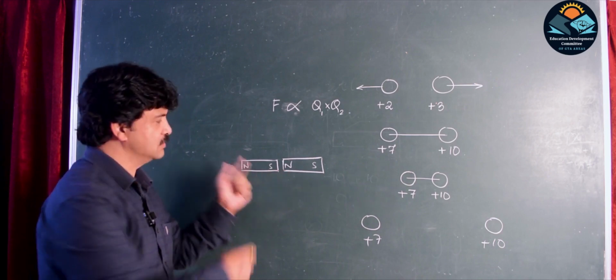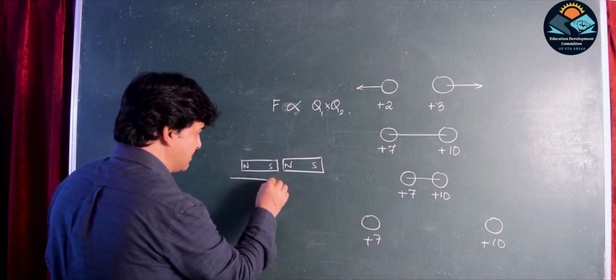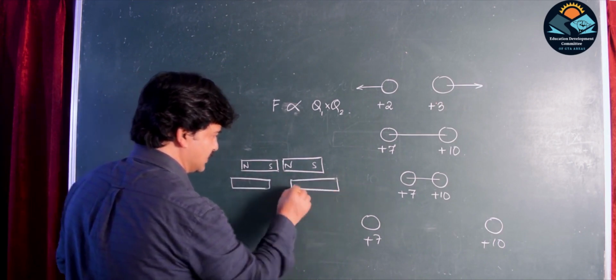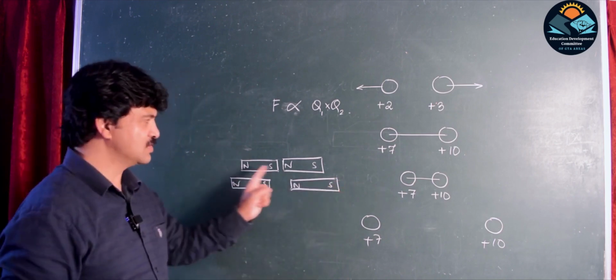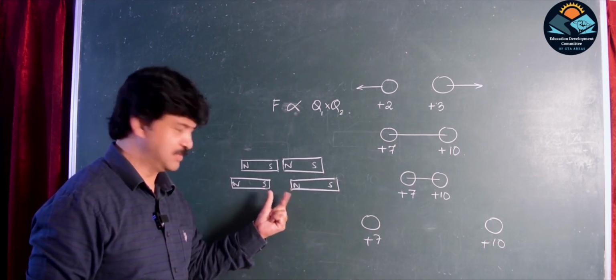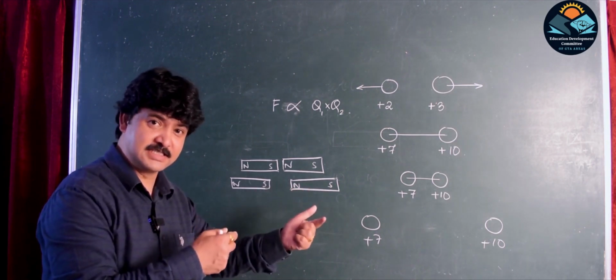Attractive force, isn't it? So these two will attract each other. Now, what if the magnets are moved a little bit away from each other? Will the force be more or less? It will be much less, isn't it? Because as the distance increases, the force decreases.